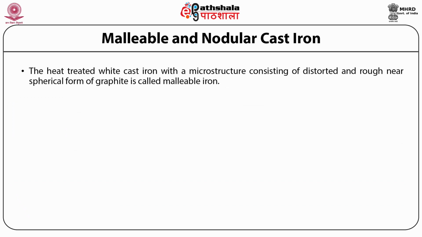Malleable and nodular cast iron. So students, let us first discuss the malleable cast iron. The heat treated white cast iron with a microstructure consisting of distorted and rough near spherical form of graphite is called malleable iron.